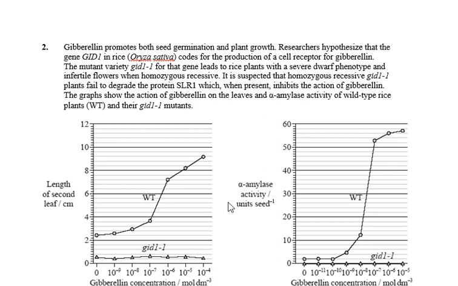If they are the wild type, where they haven't got this mutant gene, they're going to grow normally. Also, looking at the data, you can see that in the wild type the alpha amylase activity is activated, at a high level, under different concentrations of gibberellin, and for GID1-1 it's not activated. The amylase is not activated at all.